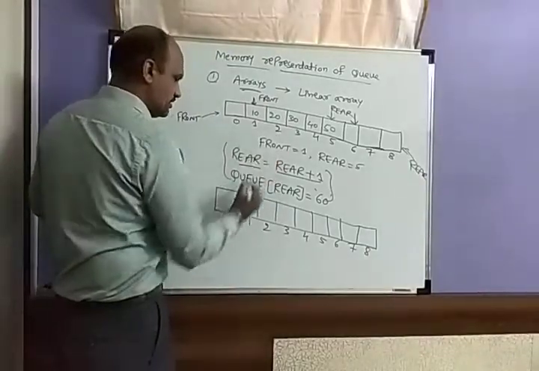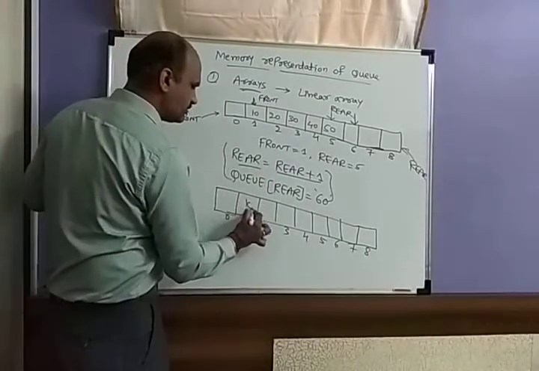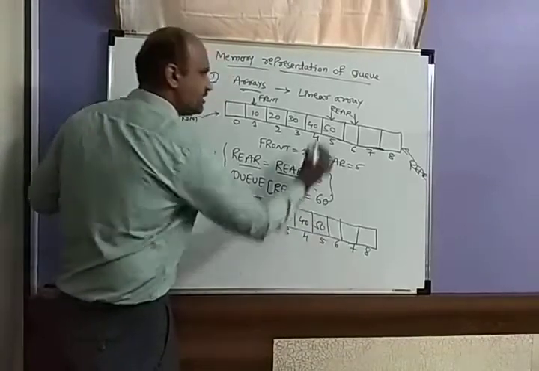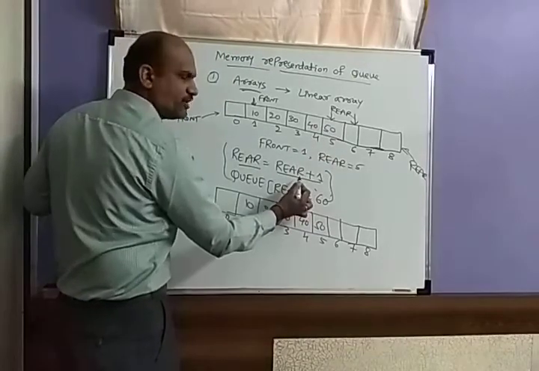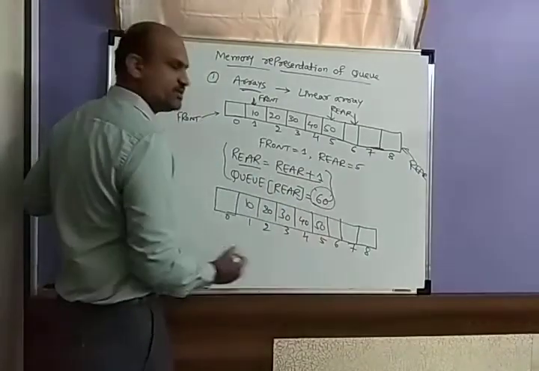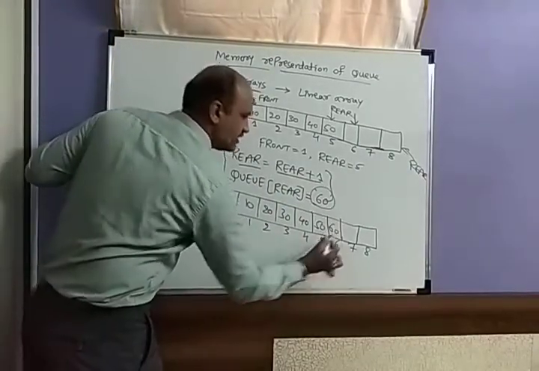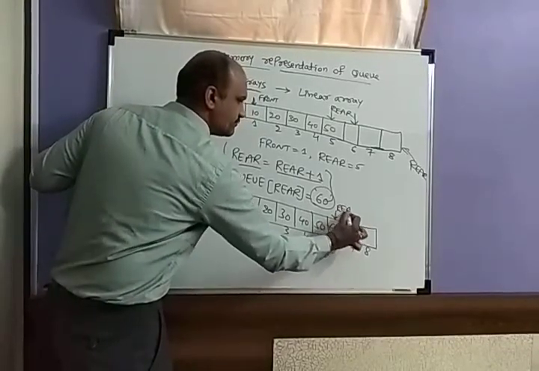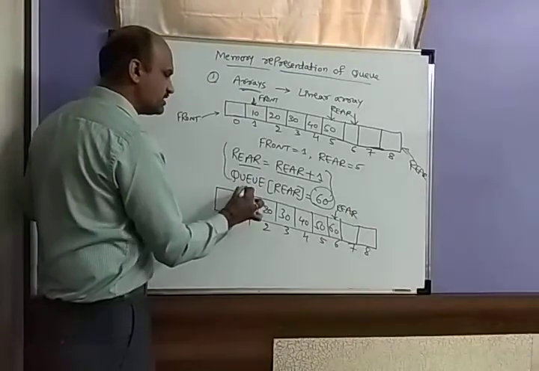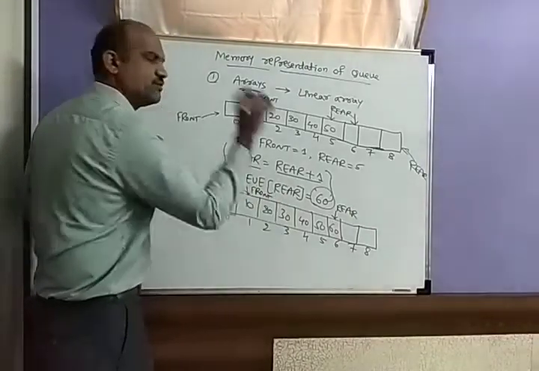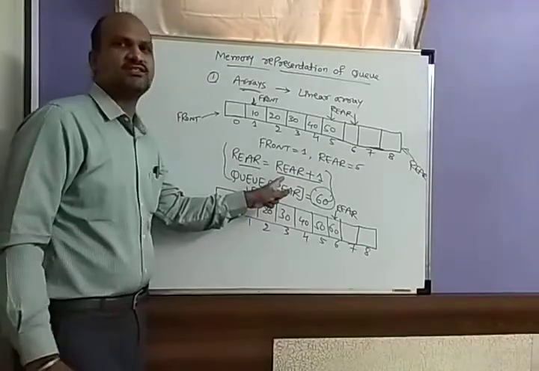Here 10, 20, 30, 40, 50. Earlier 50 was the last one. Then we did rear plus 1 and inserted the element 60. So the rear becomes here, but the front will not change. The front stays as it is, because we did an insertion.